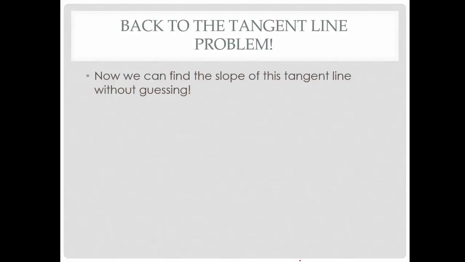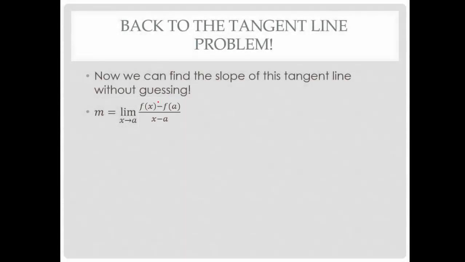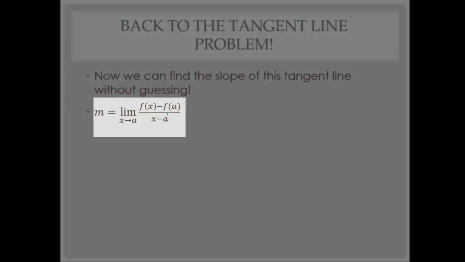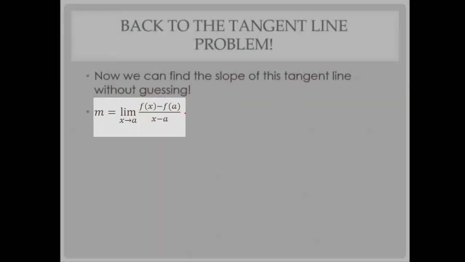Now we can find the slope of this tangent line without guessing. Instead of the slope of the secant line, which was f of x minus f of a over x minus a, we're now looking at the slope of the tangent line. Since the slope of the tangent line is the limit of the slopes of the secant lines, this is our slope of our tangent line.